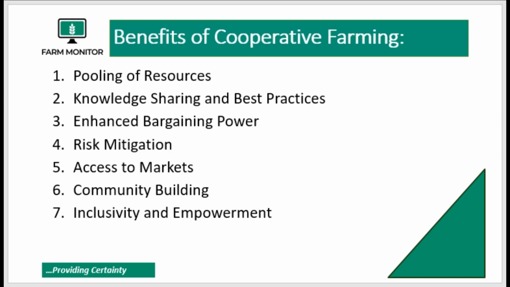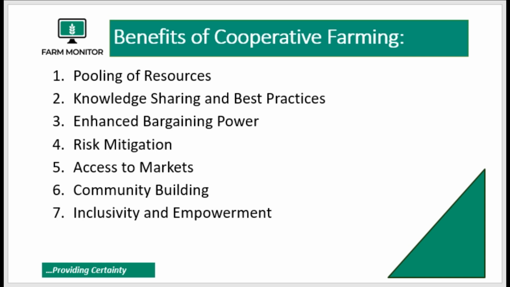So that brings us to discuss some of the benefits of cooperative farming. Having looked at historical examples, some of the benefits include pooling of resources. It's a primary benefit of cooperative farming, the ability to pool resources together.